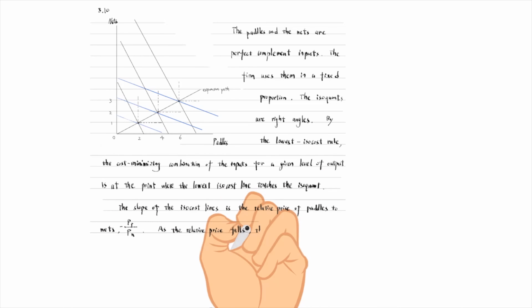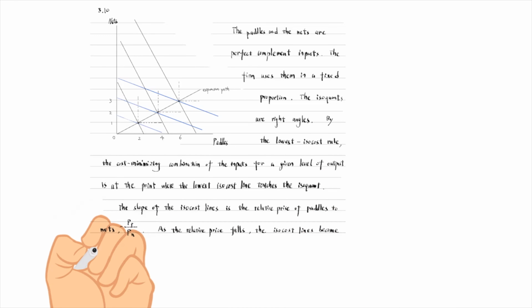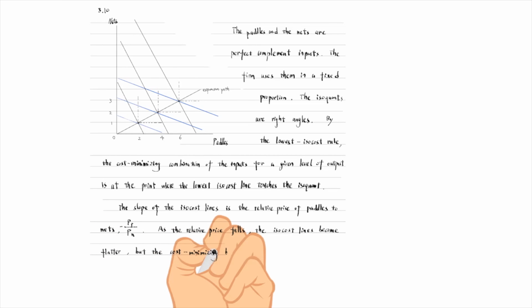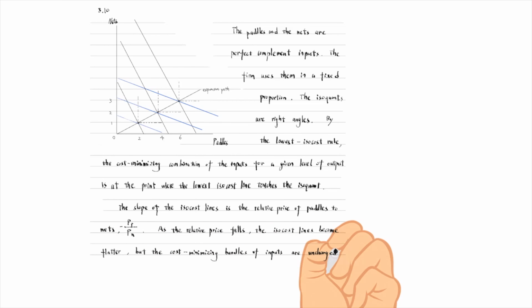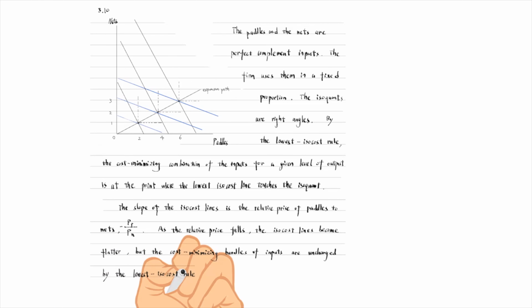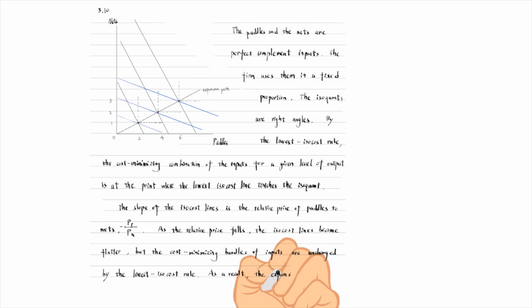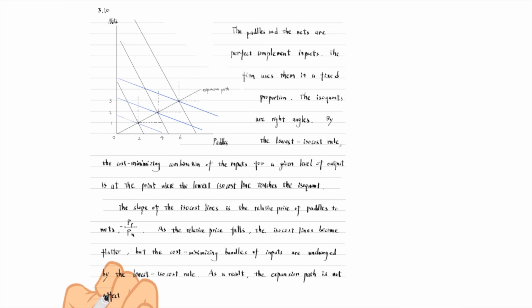As the relative price falls, the isocost lines become flatter, but the cost minimizing bundles of inputs are unchanged by the lowest isocost rule. As a result, the expansion path is not affected by the relative price change. It is a straight line with a slope of 1 over 2.